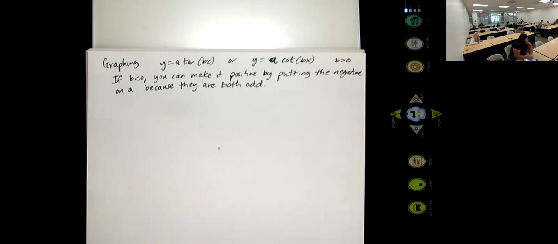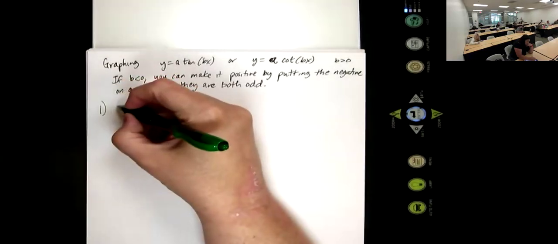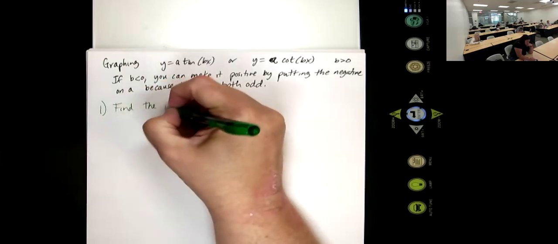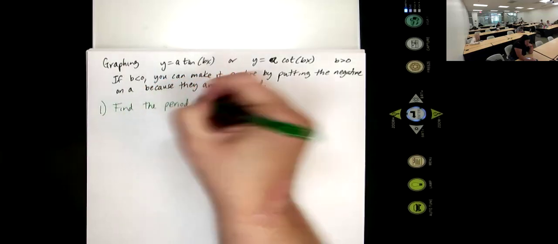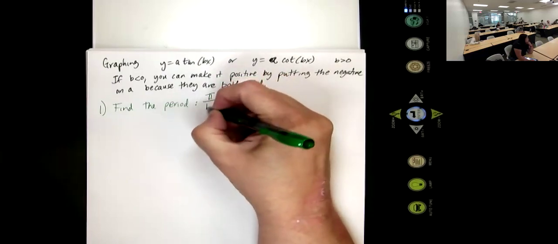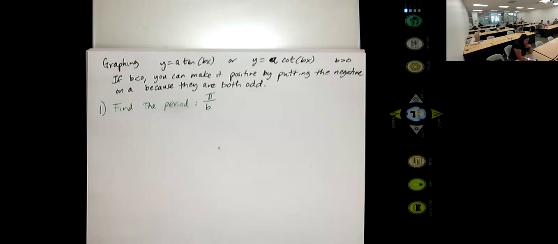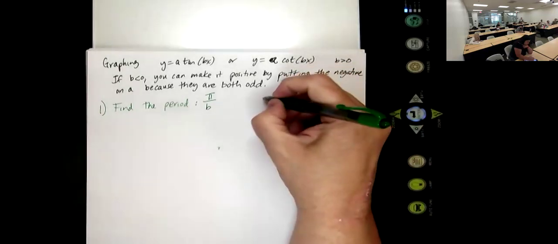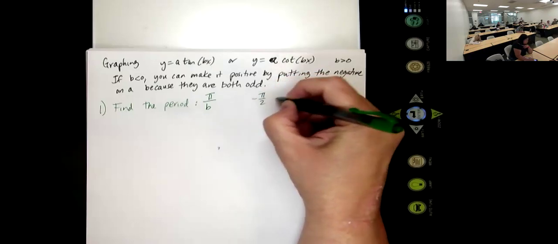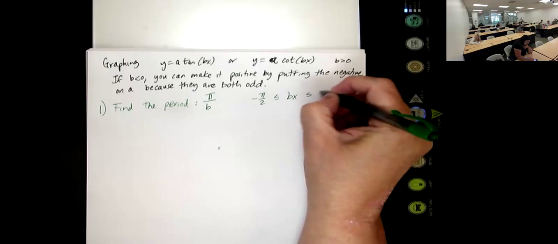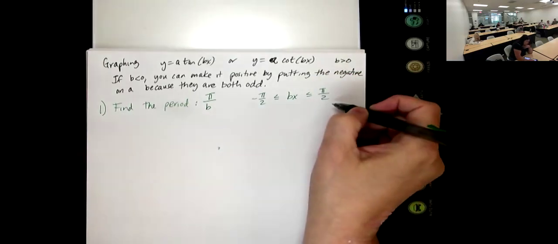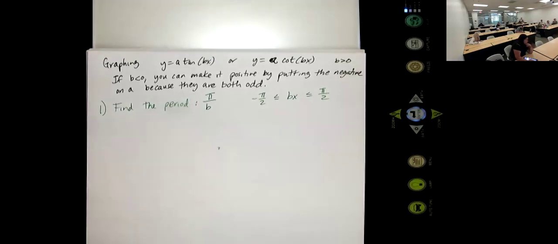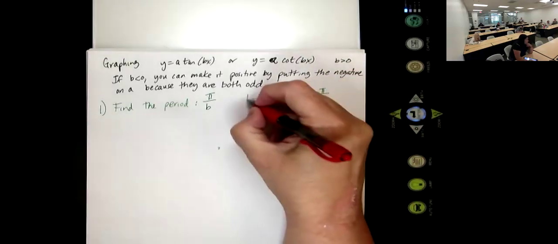Alright, so with b greater than 0, step 1, find the period, of course. And just like we did with sine and cosine, we take our period and divide by b. The other way of doing it that some folks liked was having this, and then dividing by b there, or multiplying by 1 over b on everything.